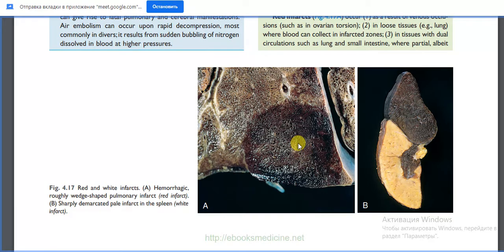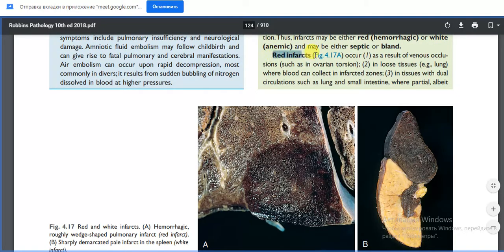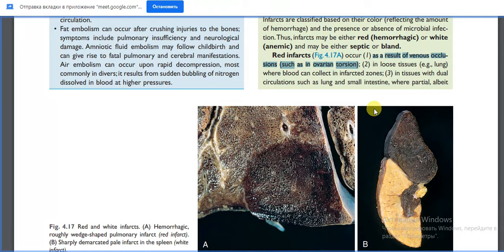Red infarctions happen in areas with collateral blood supply. Let's talk about red infarcts. They are present as a result of venous occlusion. We discussed congestion in the previous lecture.